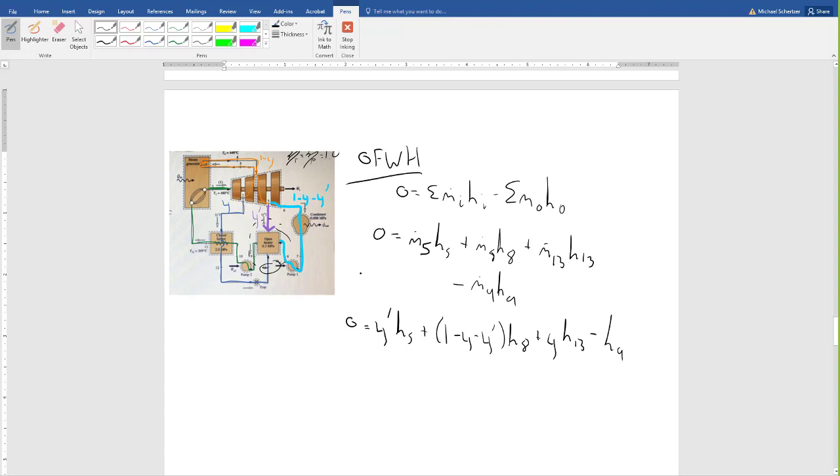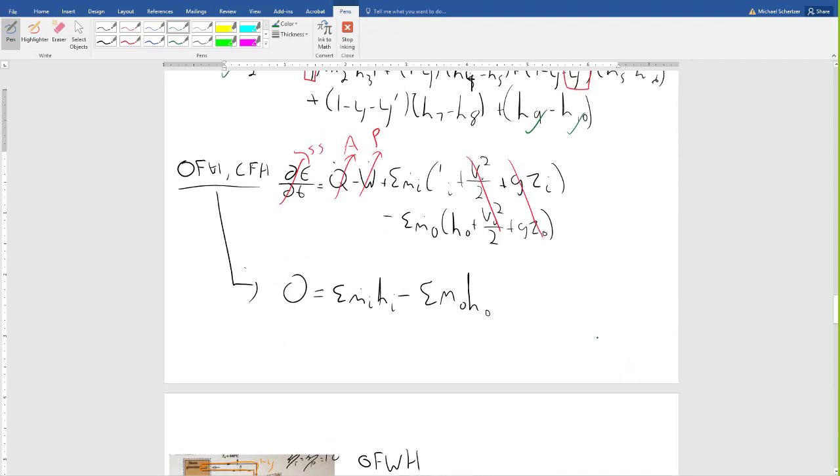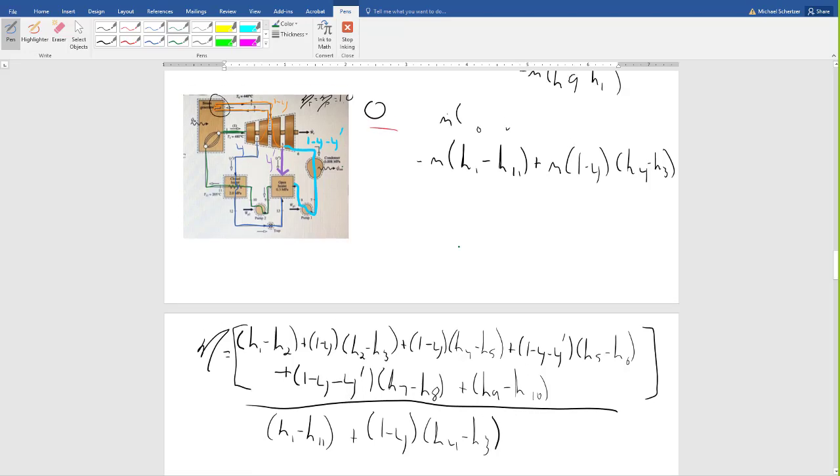Even though I wrote down the open feed water heater first because it kind of sequentially, at least in some way of thinking, comes first here, I'm not going to try to solve this one first, right? I think we knew h5. I think we knew h9. Did we know h13? If we know h12, we also know h13 because that's going through a trap.